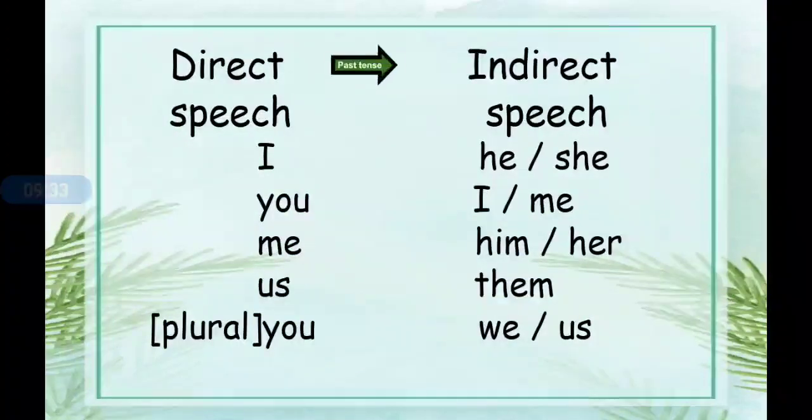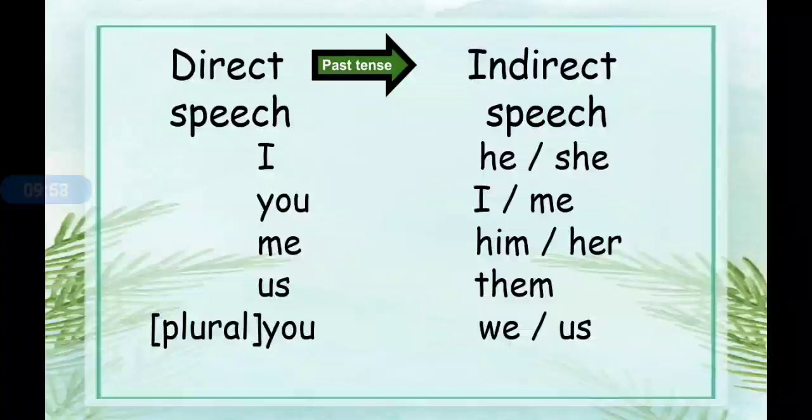I becomes he or she. You becomes I or me. Me becomes him or her. Us becomes them. And you becomes we or us. But these changes of the pronouns also occur when the reporting verb is in present tense or in future tense also.